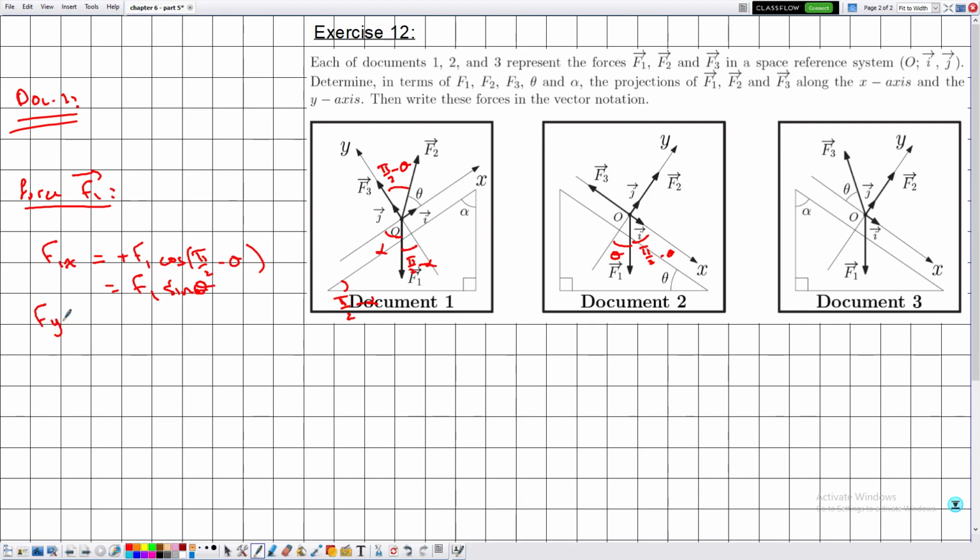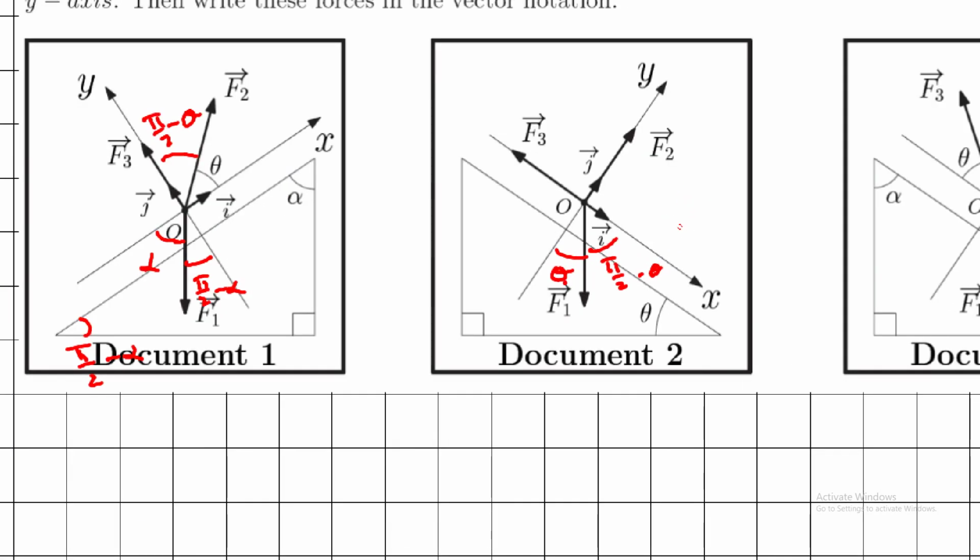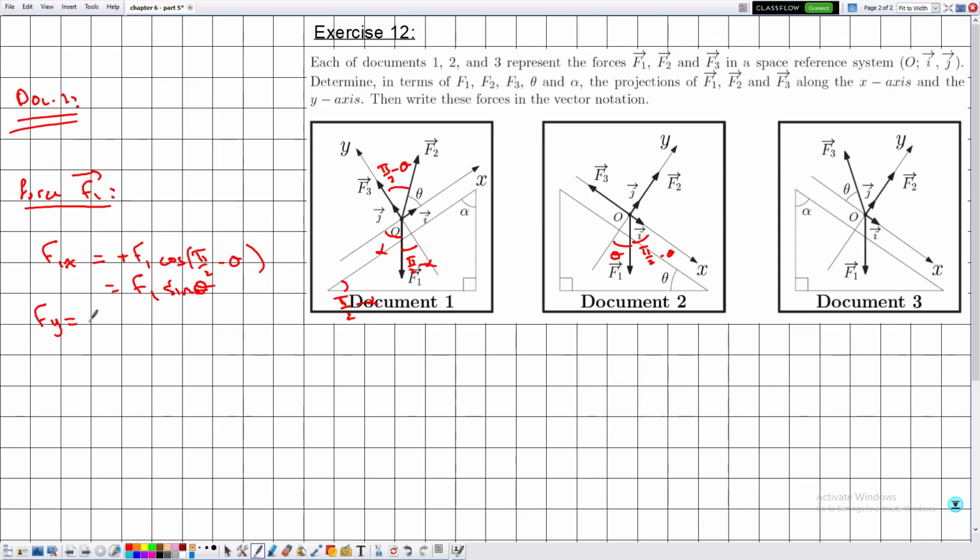Now F1y, notice that F1 is pointing in the negative direction of the y-axis, so it's minus F1 multiplied by the cosine between the force F1 and the y-axis, which is given by theta. So this is minus F1 cosine theta. In this case, the vector notation of F1 is given by F1x i plus F1y j, which is equal to F1 sine theta multiplied by the unit vector i minus F1 cosine theta j.